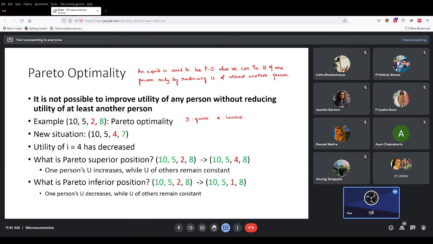See, we are not making any interpersonal utility comparisons. 3 is gaining by 2 units. The fourth person is losing by 1 unit. But we are not comparing between them. We are simply looking at the gain or loss. We are not comparing the magnitudes.